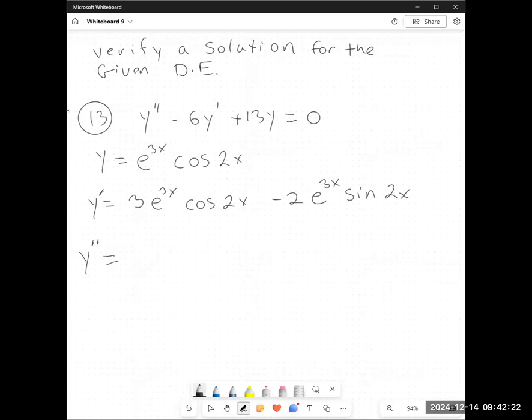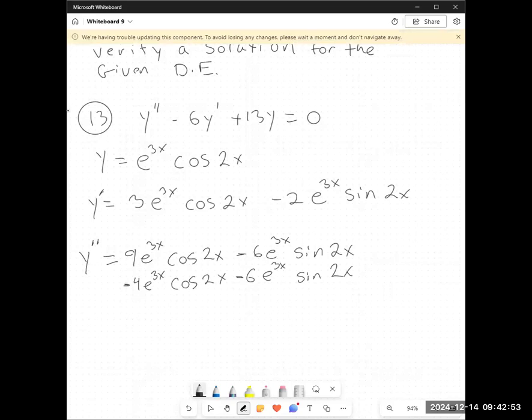We're going to have 9 e to the 3x cosine of 2x minus 6 e to the 3x sine 2x. We have minus 6 e to the 3x sine 2x and negative 4e to the 3x cosine 2x.